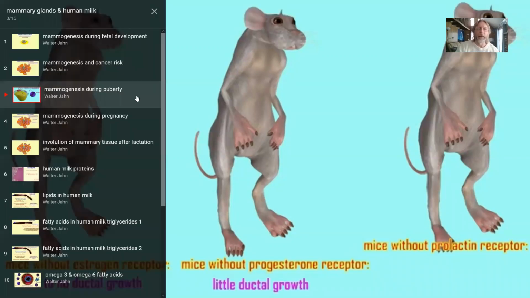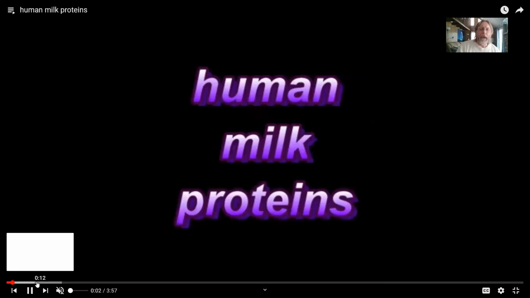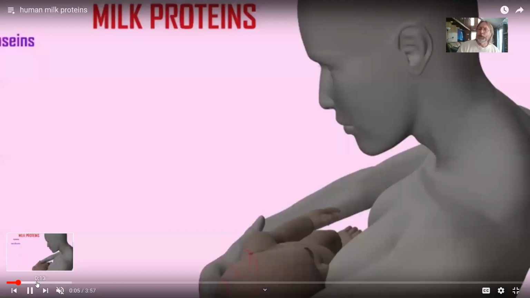And so the development of mammary glands, which are modified sweat glands, is rather complex, and it continues then throughout life. They make then the secretions known as milk.